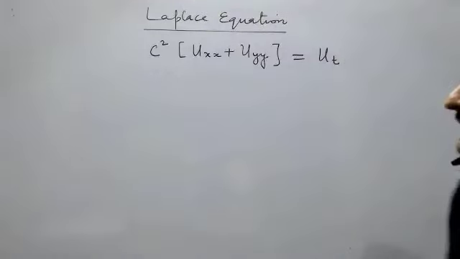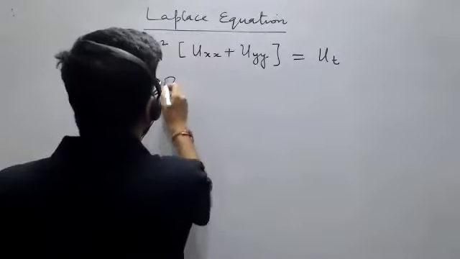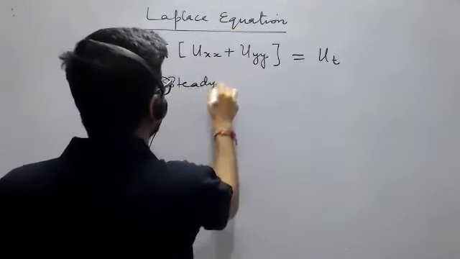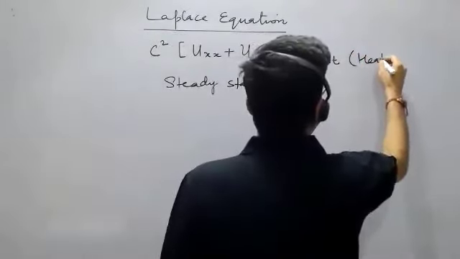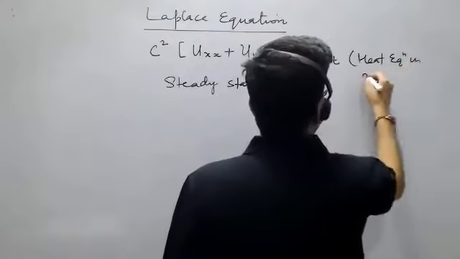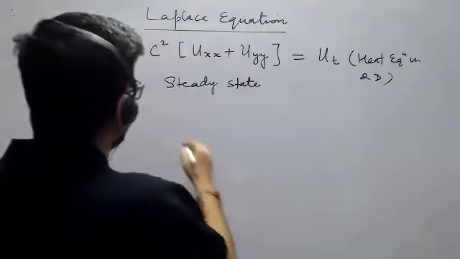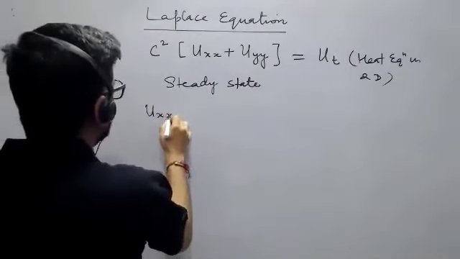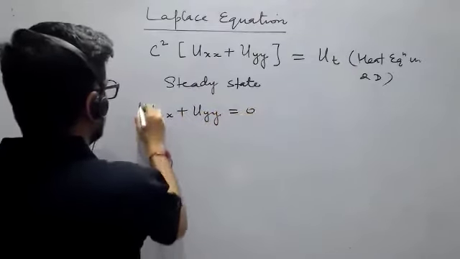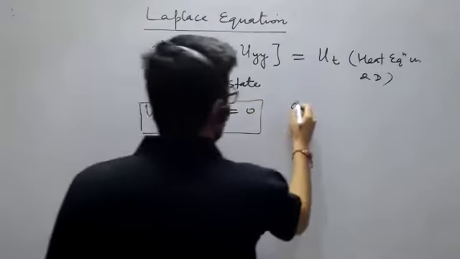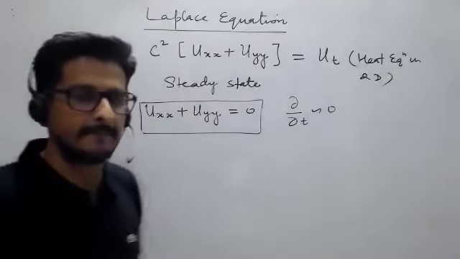So this is the heat equation actually, heat equation in 2D, and if I take steady state solution, it will become u_xx plus u_yy is equal to 0, because steady state means del by del t will go to 0, nothing is changing with respect to time.